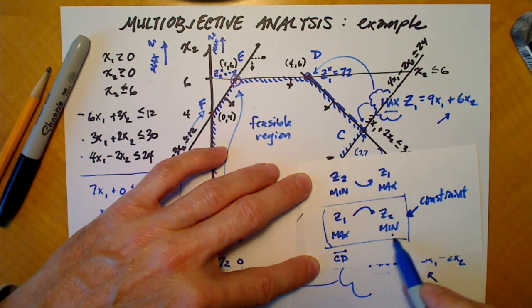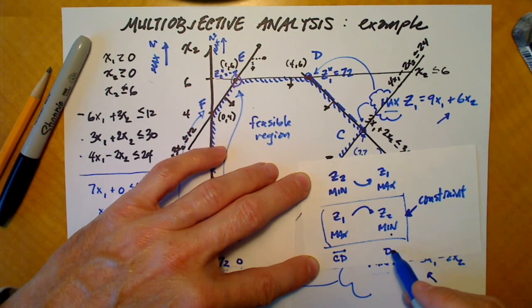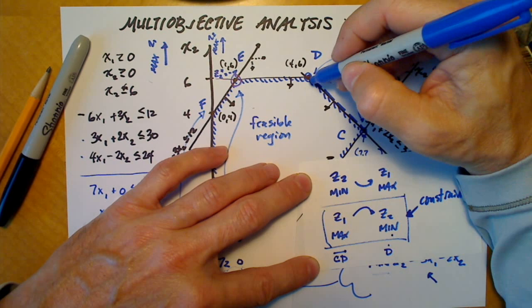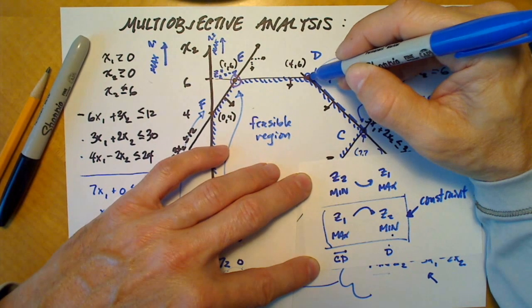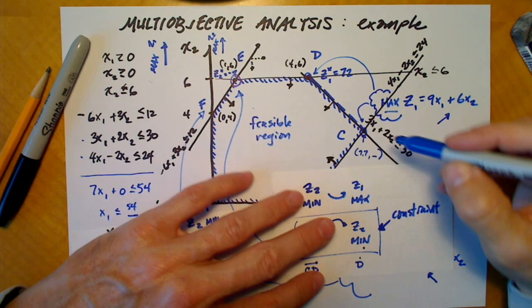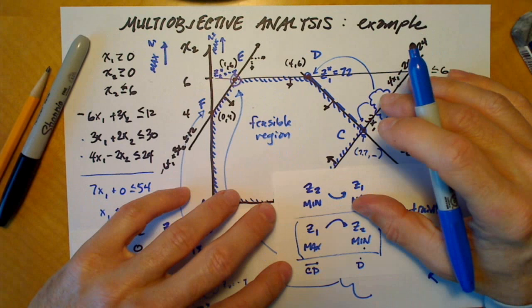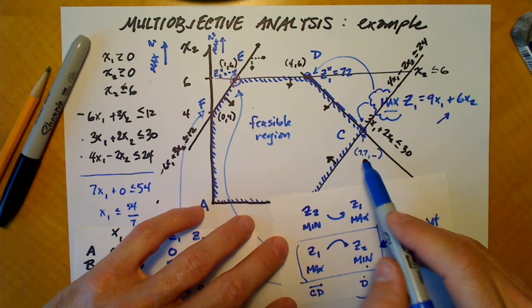Once we apply the second objective, the Z2 objective, we'll find that the preferred solution is found at point D, which has a lesser value of Z2, which we're trying to minimize, than C. Demonstrate that for yourself at home.